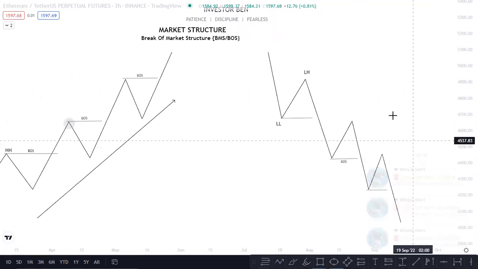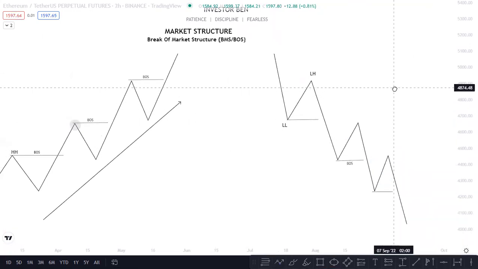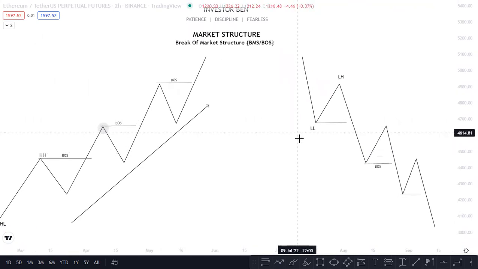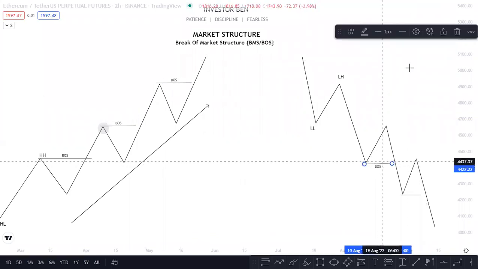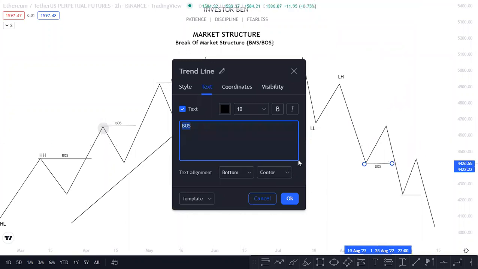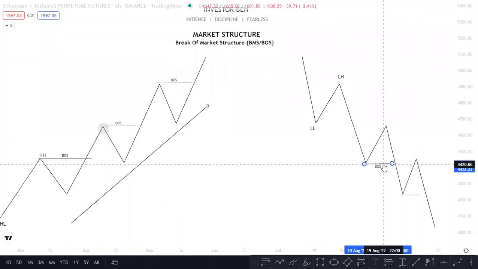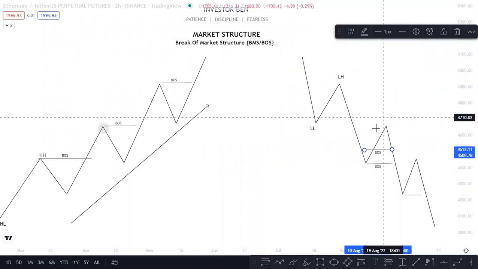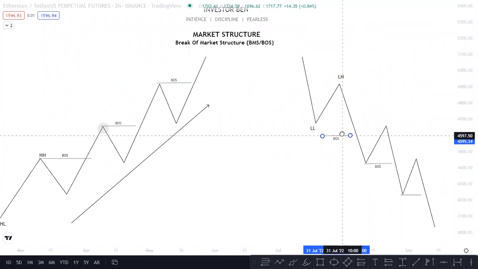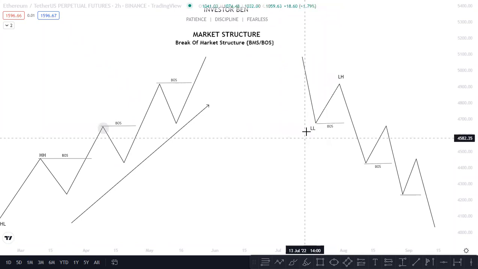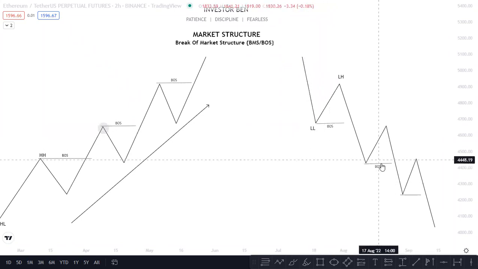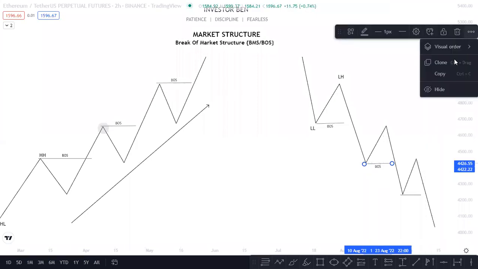So I just want to show you the structure of your higher highs and higher lows and your BOS, right? So this is the break of market structure at this point. For a downtrend structure, the break of market structure occurs at the lower low, while for an uptrend structure, the break of market structure occurs at the higher high, right?